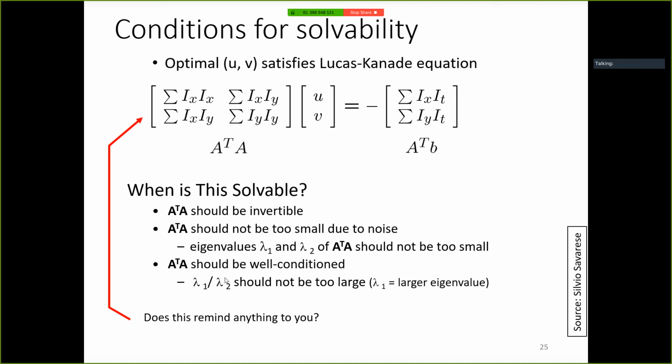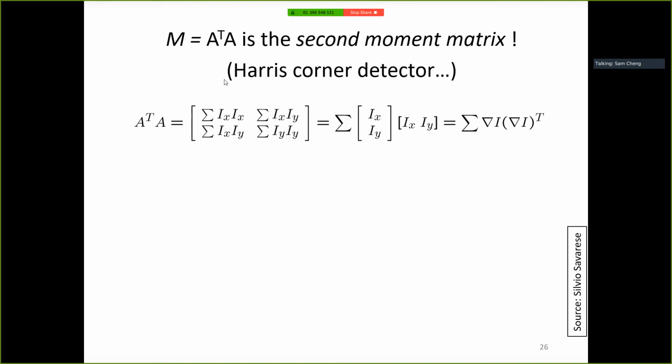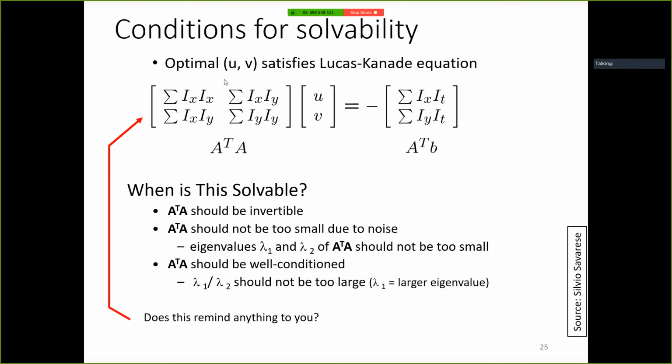Yes, but when will that happen physically? For each pixel I compute this matrix, and then I look at it and say one eigenvalue of this matrix is much larger than the other eigenvalue. Is it a corner?